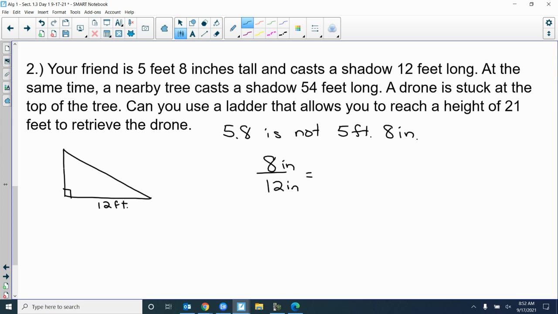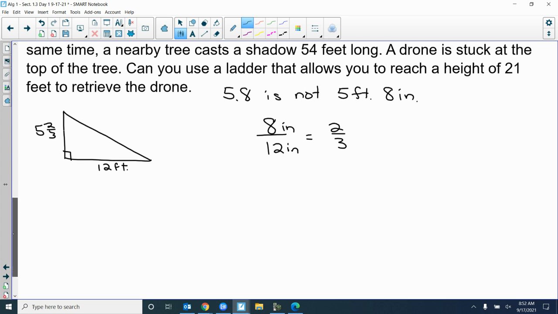I don't want to round off until the very end. What is that as a fraction? What does that reduce to? 2/3. You reduce it by 4, so it's 2/3. So make this 5 2/3.